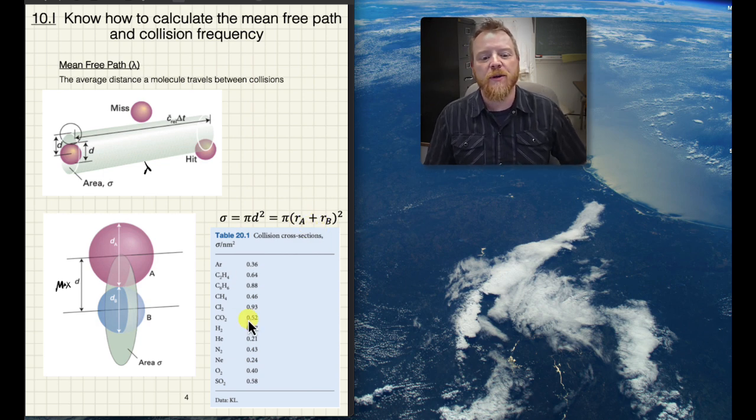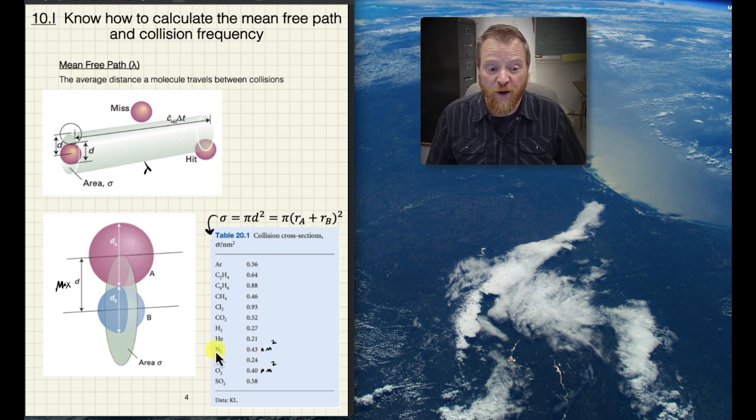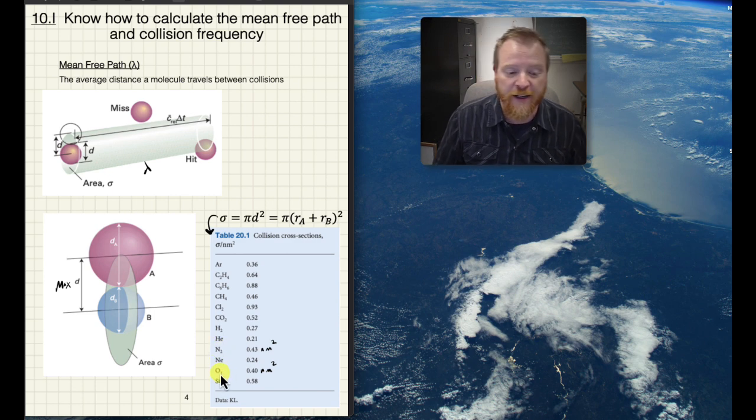And so here are some computed collisional cross sections, right? So that's the value of sigma, the collisional cross section. And so all of these are expressed in square nanometers. So you can see for things like nitrogen and oxygen, because those are very similar in size, their areas are roughly the same, the collisional areas. So this would be a collisional area between a nitrogen and a nitrogen, and a collisional area between an oxygen and an oxygen.